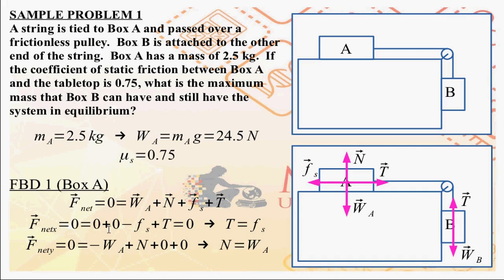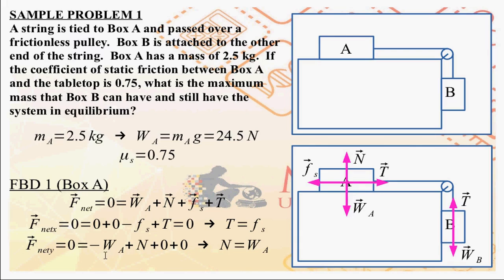Going now to the y component, you have y component of Fnet, y component of 0 is still 0, is equal to the y component of weight. Weight is vertical, all of it is in the y component, heading in the negative y direction.